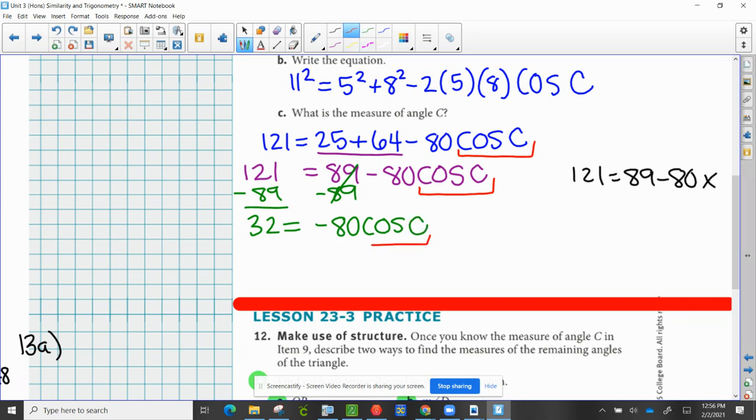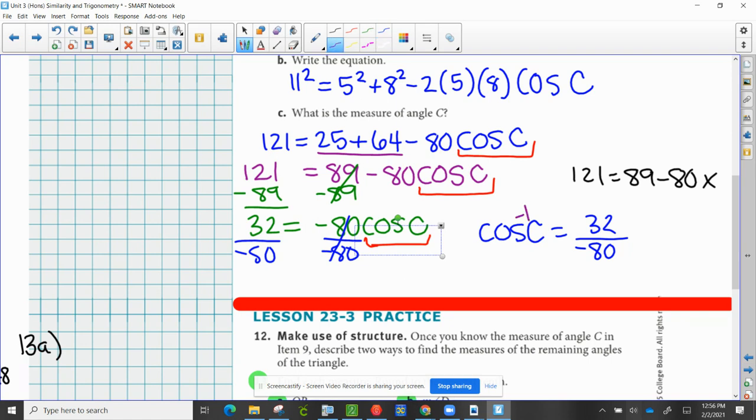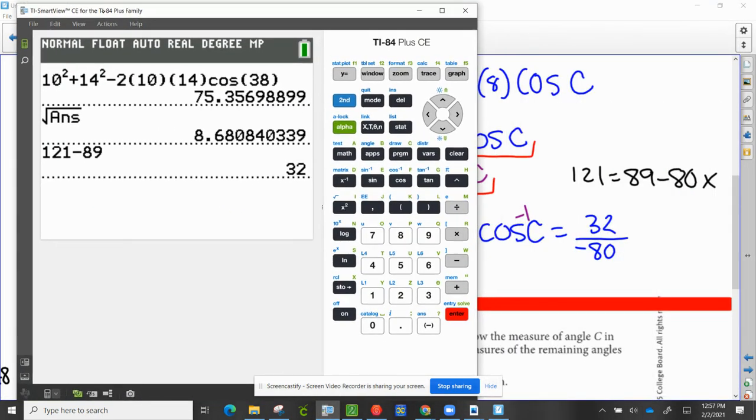Again, my goal is to get the cosine C by itself, so I can use trig. So in order to get rid of that 80 in front, I would just have to divide it out. So now we have cosine C is equal to 32 over negative 80. Now we could reduce that, but I'm going to leave it how it is, and I'll show you why in a minute. So in order to find the angle C, if we're using cosine, make sure we use the inverse trig function to find that angle.